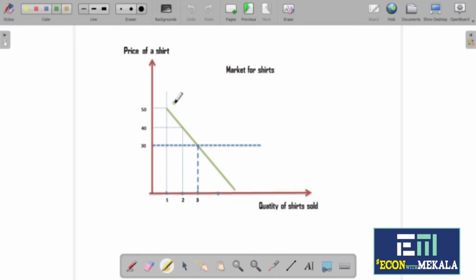When he keeps on buying more and more shirts, the value he gains from each shirt is decreasing. For the first shirt, it's 50. For the second shirt, it's 40. For the third shirt, it's 30. So this shows the law of diminishing marginal utility.